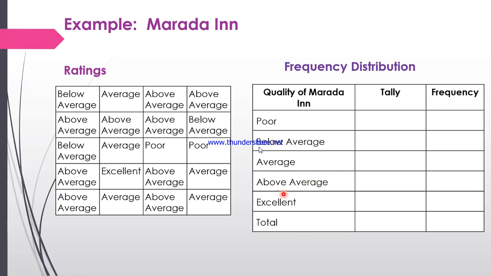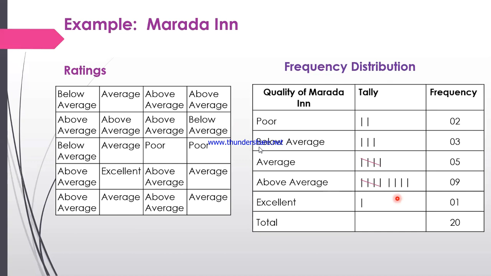These are the measures we consider to measure the quality of Marada Inn. We prepared this table, and this is the frequency distribution for the quality of Marada Inn. For the first observation, below average, we put a tally mark here, and then the next observation is average, so we put the tally mark here, and above average, we put the tally mark here. Similarly, you have to mark all the tally marks.